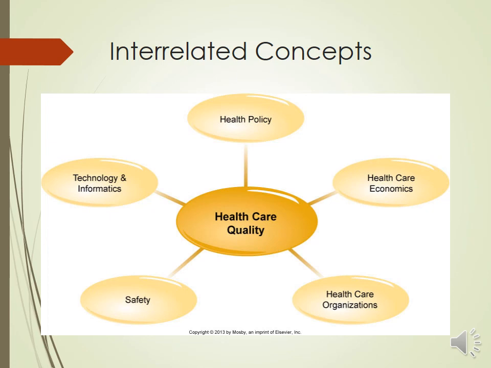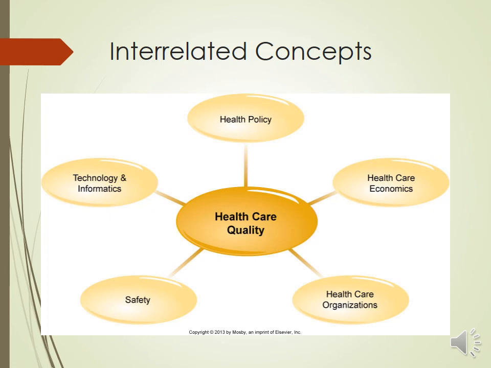Then we have our interrelated concepts with healthcare quality: health policy, healthcare economics. You saw that we need to be providing efficient care. That's where healthcare economics comes into play. Healthcare organizations, because that's where we're providing this quality care. Safety and quality are married. Technology and informatics, the electronic health record, physician order entry, those are all exemplars of healthcare quality.